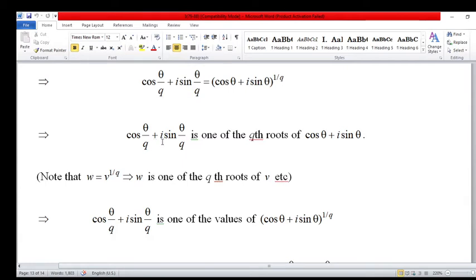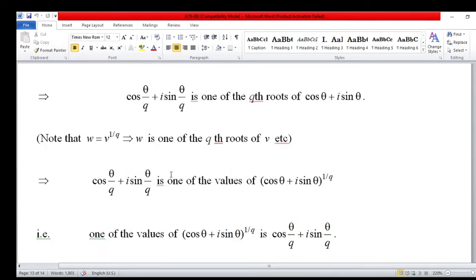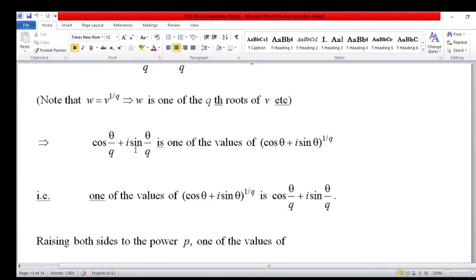Cos theta by q plus i sin theta by q is one of the qth roots of cos theta plus i sin theta. This implies cos theta upon q plus i sin theta upon q is one of the values of cos theta plus i sin theta raised to the power 1 upon q. The meaning is the same, only the order changes. So one of the values of cos theta plus i sin theta raised to the power 1 upon q is cos theta upon q plus i sin theta upon q.